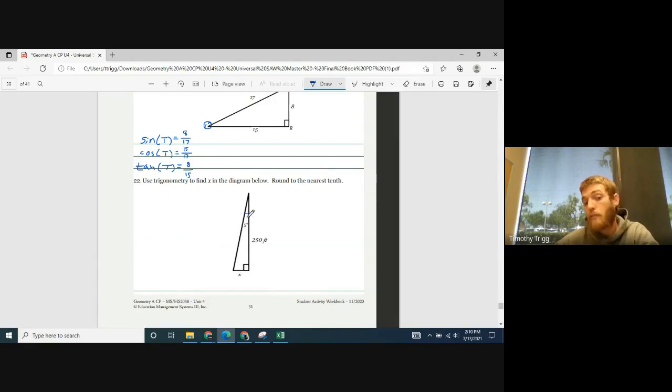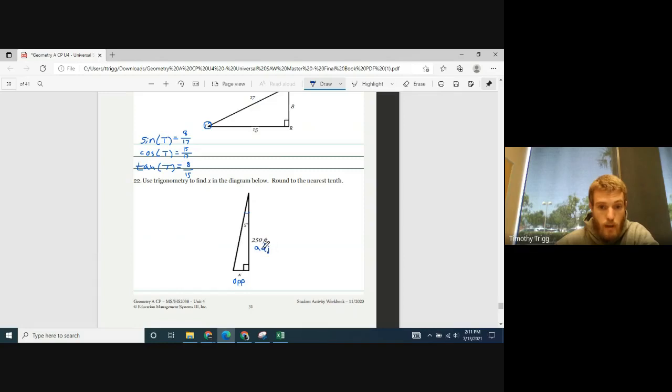Now, if I'm looking from this 5-degree angle, would x be the opposite, the adjacent leg, or the hypotenuse? Well, hopefully you can see it's on the opposite side of the triangle. So from this angle, this is going to be the opposite. Whereas the other leg, this is the adjacent leg.